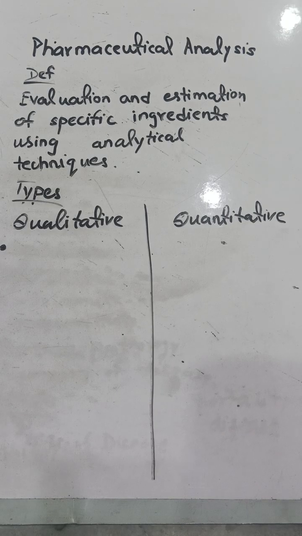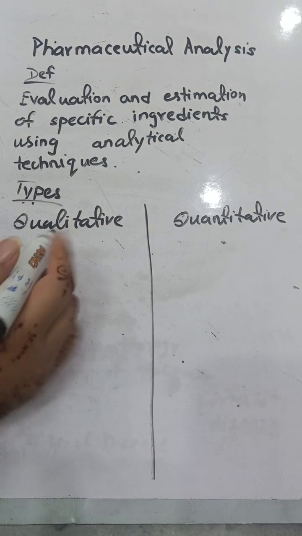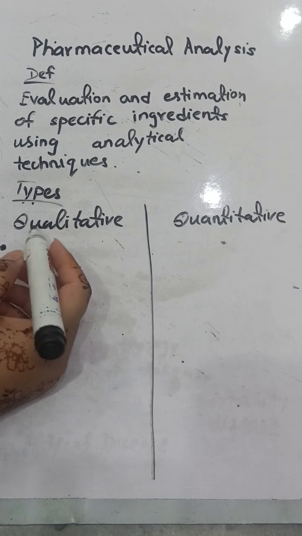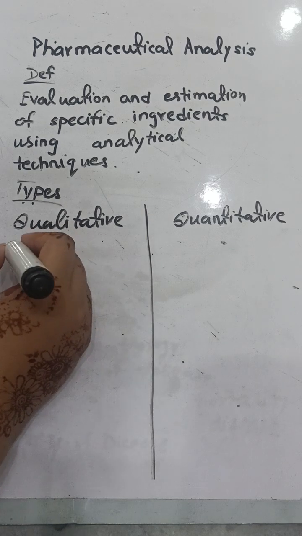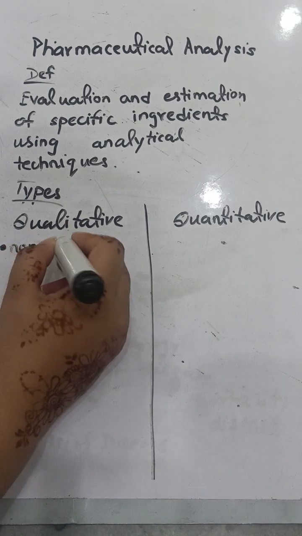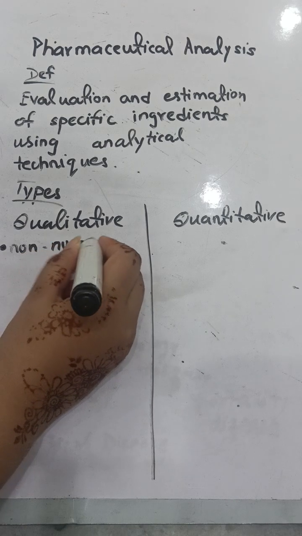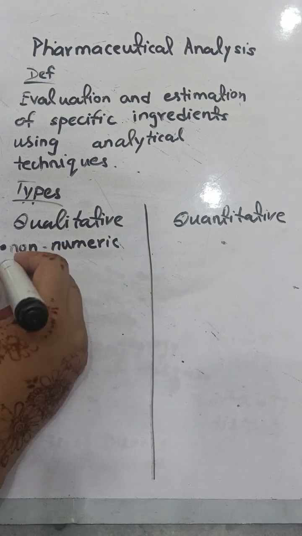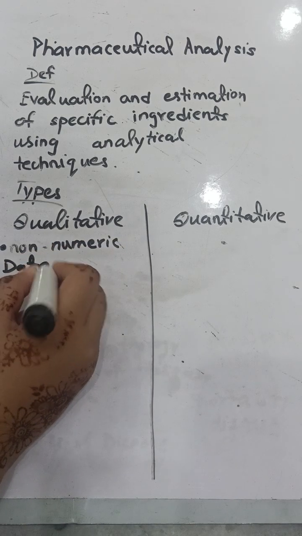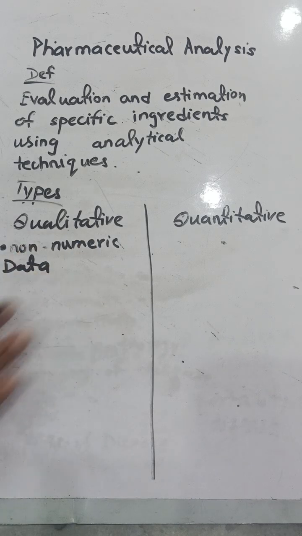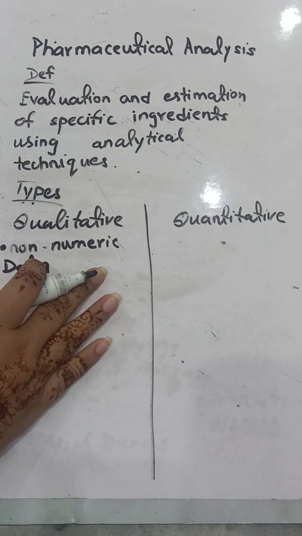The first difference between them is that qualitative deals with non-numeric data. What is meant by non-numeric data? Do you know? Yes, non-numeric data is something which has no numerical value, no numbers like 1, 2, 3, 4. What kind of things does it contain?